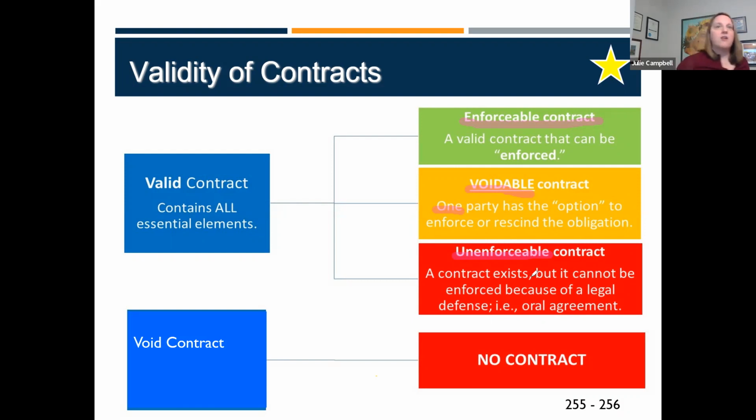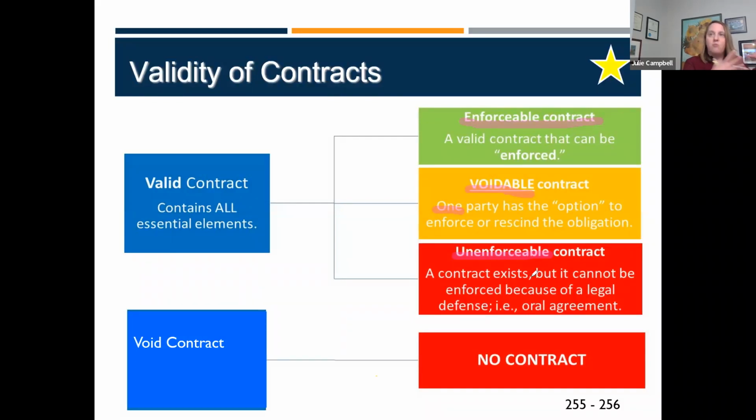If the contract's not valid, it's void. Why is it void? Because it's missing one or more of the essential elements. With a void contract, in a sense, you never had a contract to begin with because you didn't have a valid contract to start. Again, we take it to the judge.